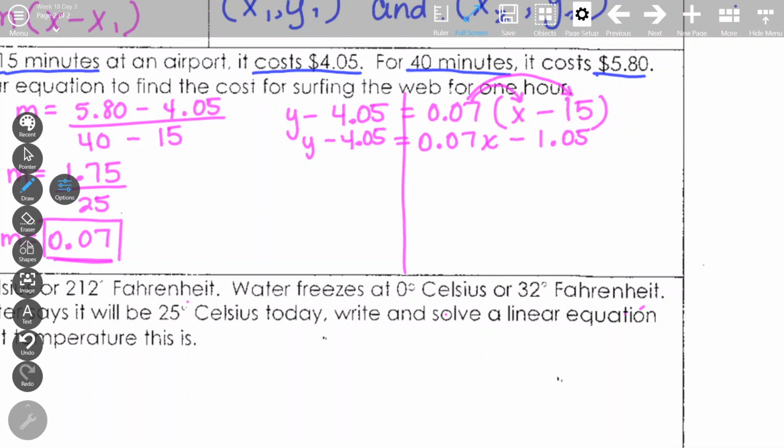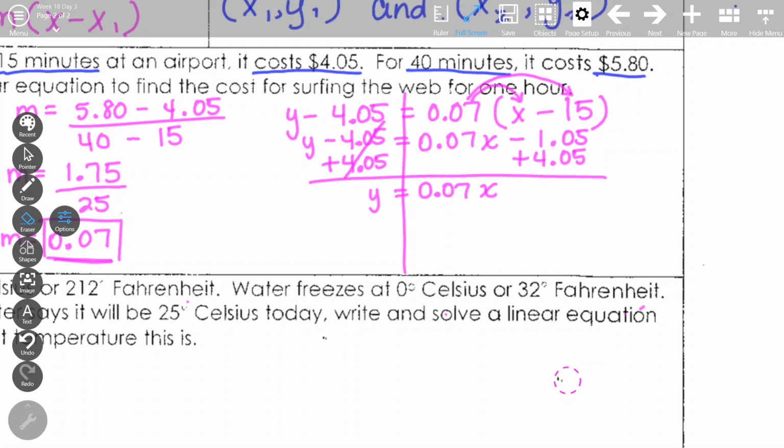All right, now we want to add 4.05 to both sides. Remember, we're adding numbers with numbers, so we want to write the numbers up and down from each other. We have y equals 0.07x. Now, negative 1.05 plus 4.05. Remember, if you do it in your head, you have to subtract and keep the sign of the greater.